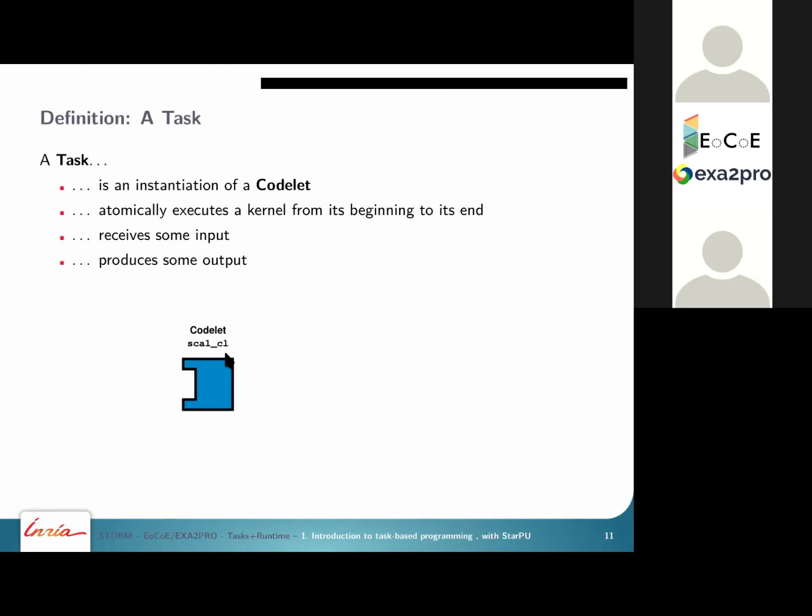We have the codelet that we have seen before, and we know that the codelet can take some data as read and write, for instance, for the vector scaling. Then we instantiate a task which takes the data as an input, computes the result, and then emits the data output.